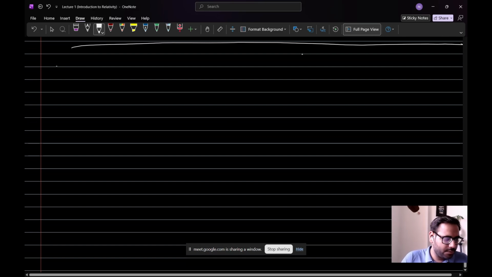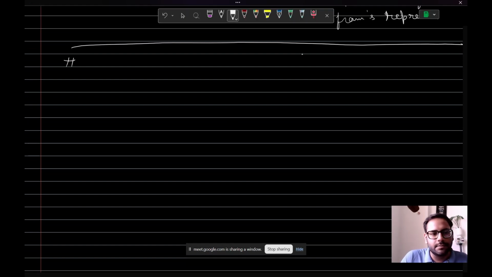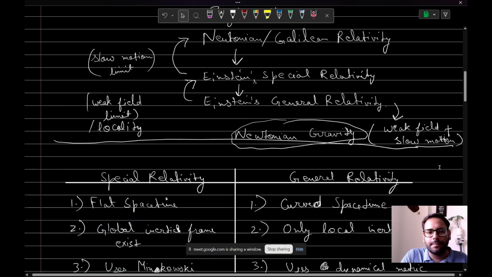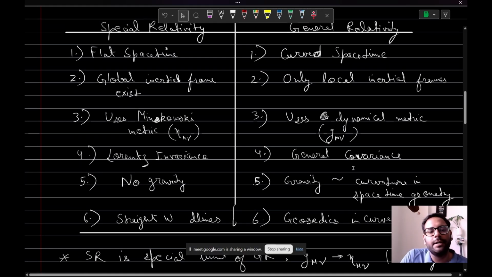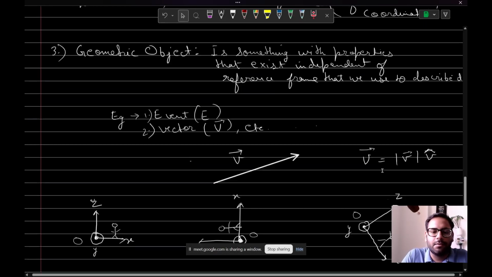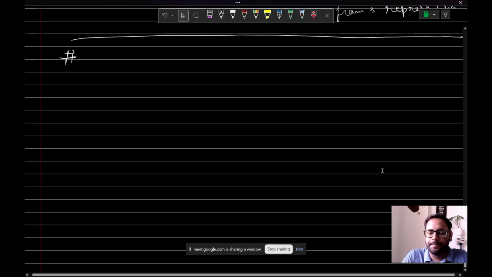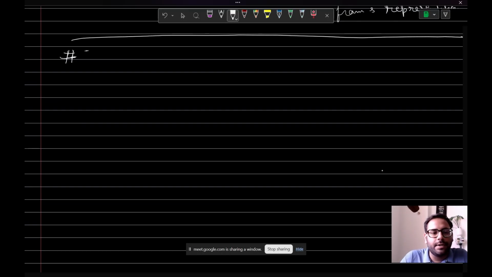So let's talk about something else. Let's define what inertial frames are, which we were talking about previously. In special relativity you can define inertial frames globally, but in general relativity we only define inertial frames locally. But what are inertial frames actually? Let's define it.